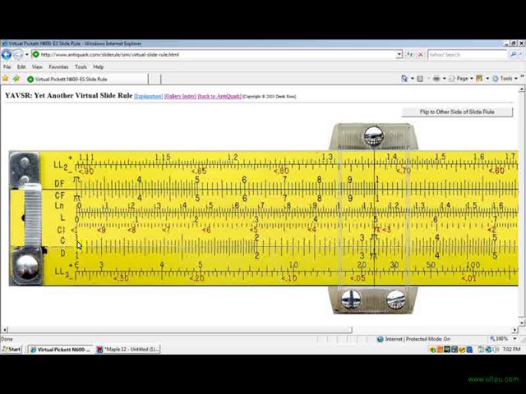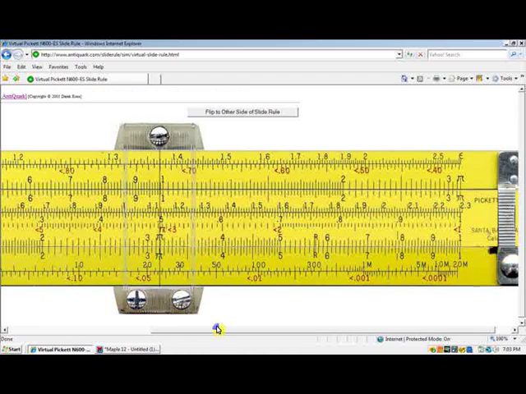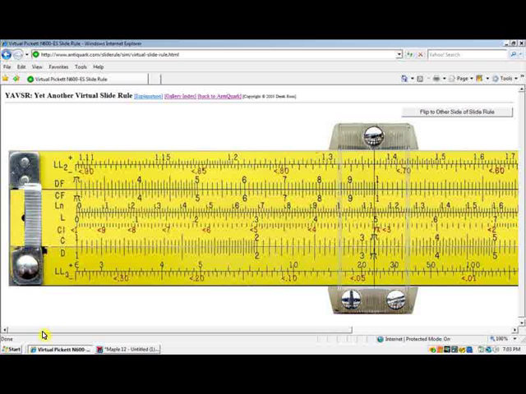If you have to go less than 1, you kind of end up on the other side of this thing. And how do we deal with that? Well, you remember the trick I showed you with using a reciprocal. I have to show you a new scale here, the CL scale.